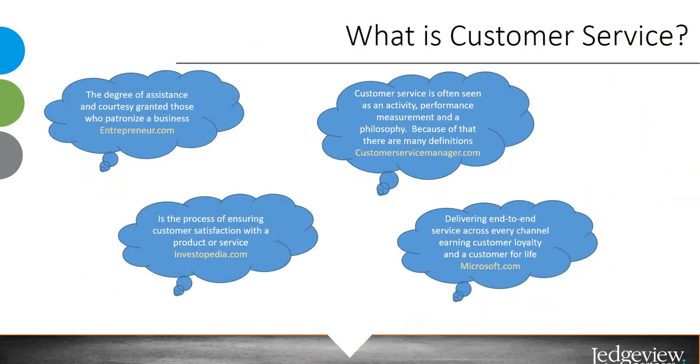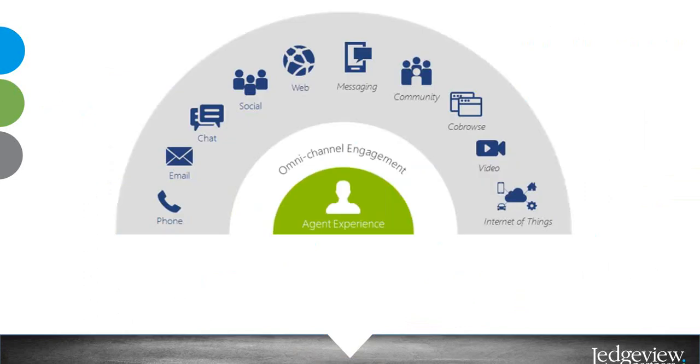This is a nice graphic we found that goes around all the different channels you can be talking on to provide customer service to your customers, potential customers, prospects, or just anyone trying to get more information about your brand. We always talked about phone and email. Those are probably the archaic methods of doing customer service. Those are still critical pieces, but there are so many more channels now.